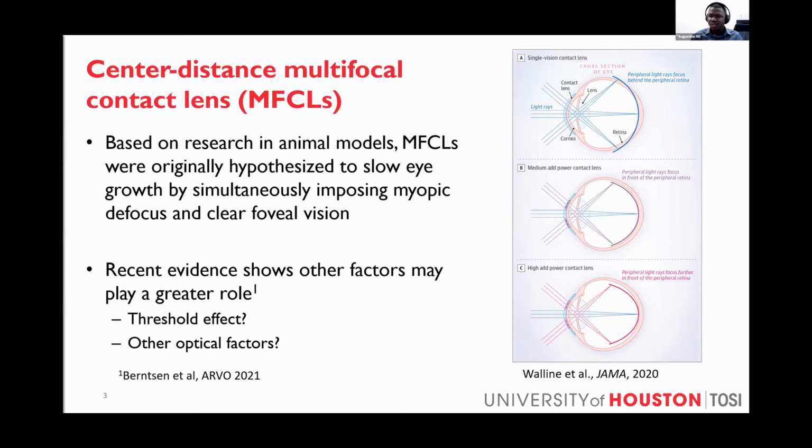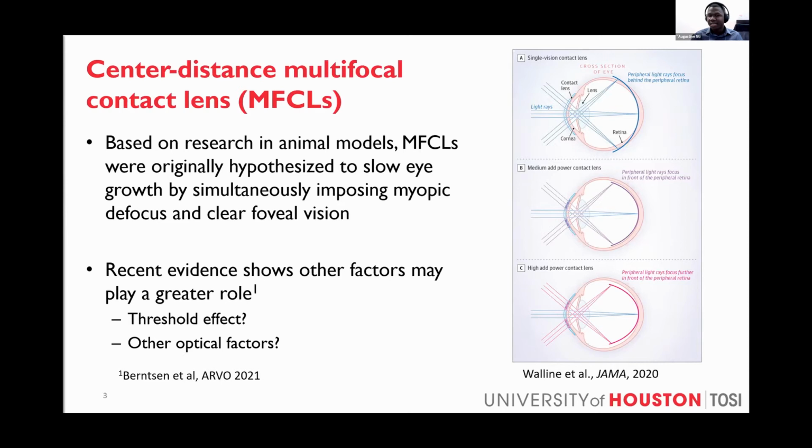So they propose that probably exceeding a threshold amount of peripheral myopic defocus, or some other mechanism other than peripheral defocus, such as contrast or chromatic hues, may be responsible for the significant slowing of axial growth that you see in multifocal contact lenses.